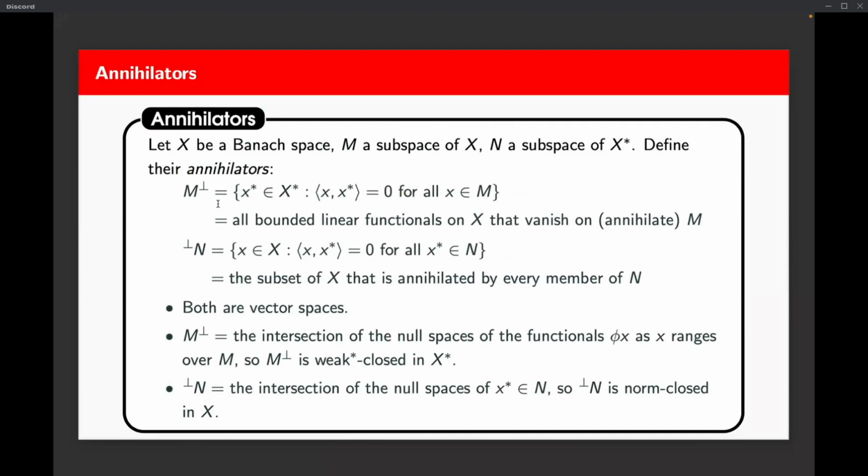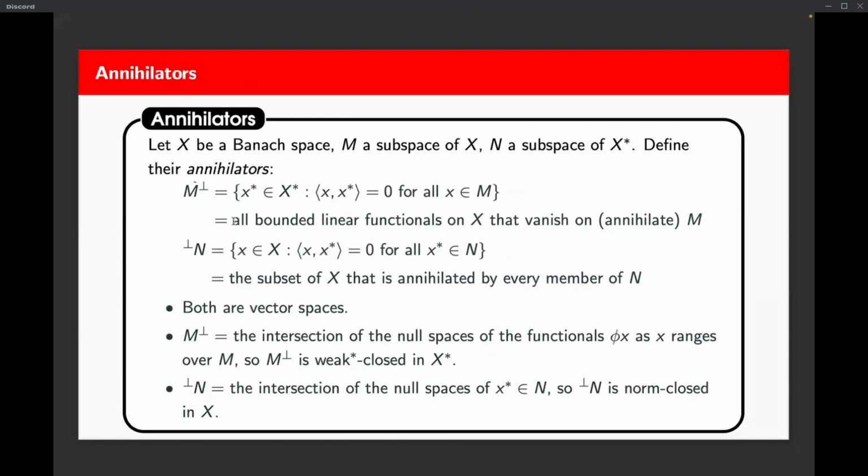For subspaces of the original space, we have this right perp notation. That is meant to reflect that we are taking elements of X and applying stuff on the right in this bracket notation. So we're looking at all the right elements, which are the X stars in the dual space, that map all of the elements of M to 0.